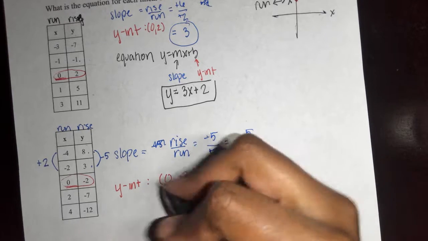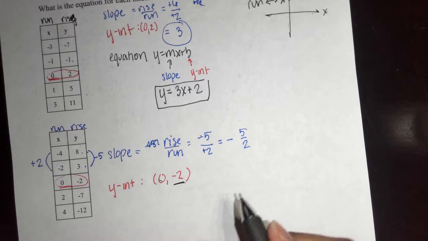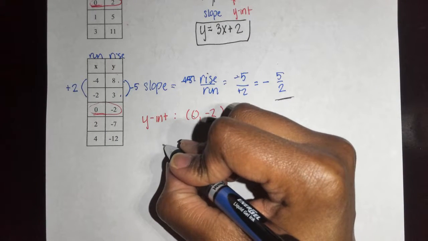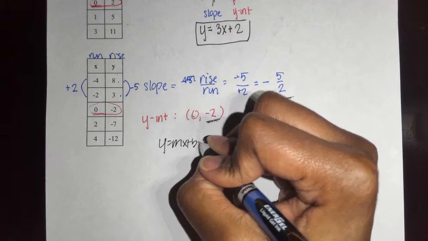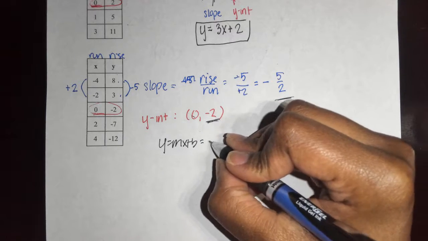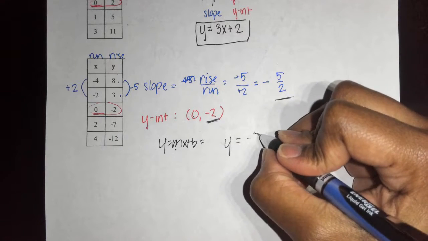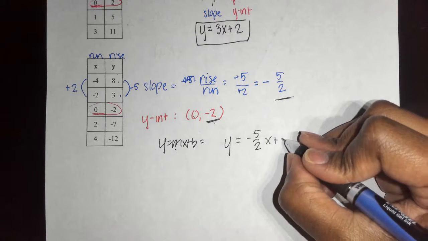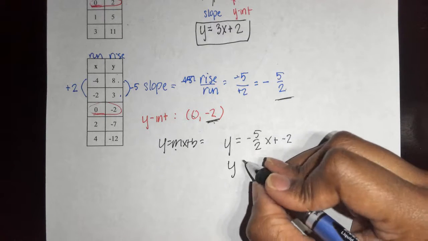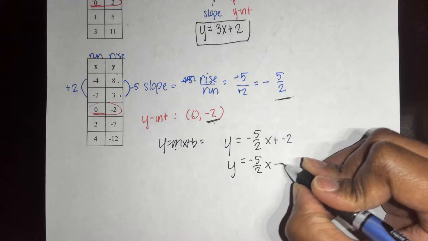Our equation is y equals mx plus b, where m is -5/2 and b is -2. Let's write that in the simpler form: y equals -5/2 x minus 2.